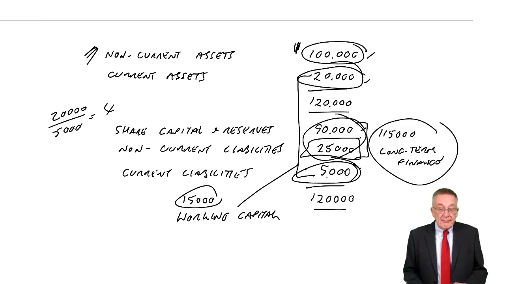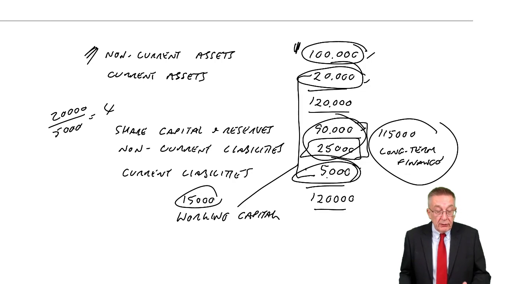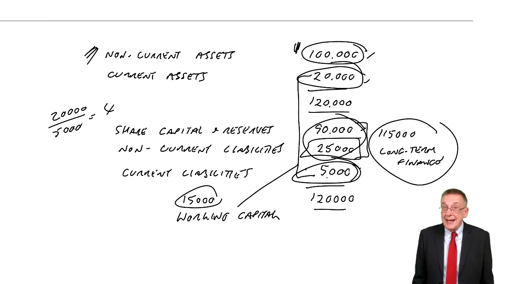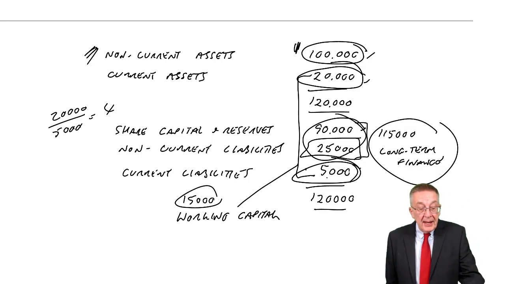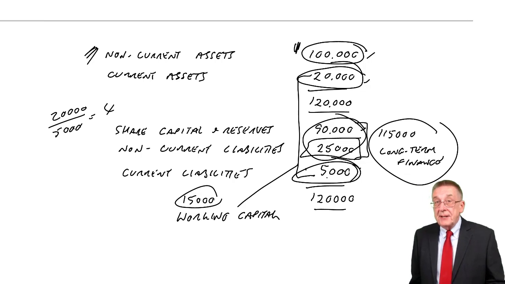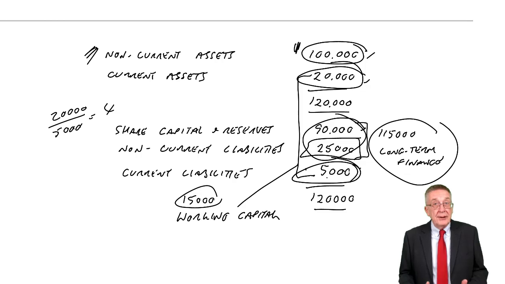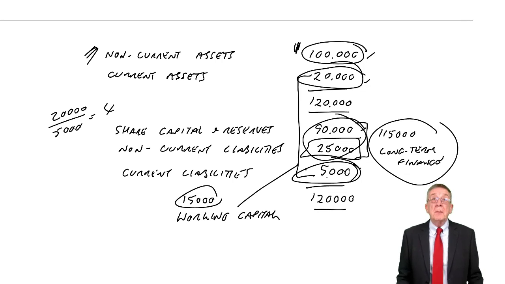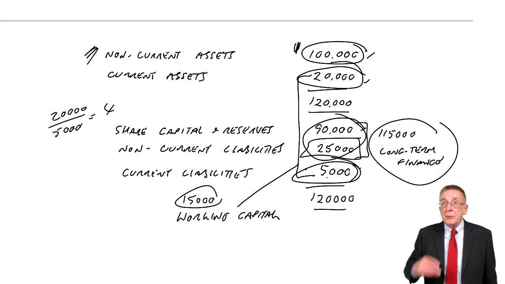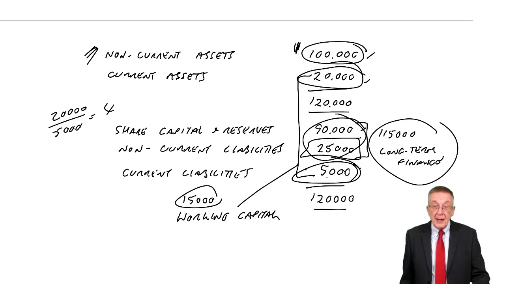And so, in the very short term, the quick ratio, or its other name is the acid test ratio, current assets minus inventory over current liabilities. It'll be a lower figure than the current ratio. We'd expect it to be nearer to 1, but again, we'd want it to be more than 1 to be certain we're able to pay our bills.